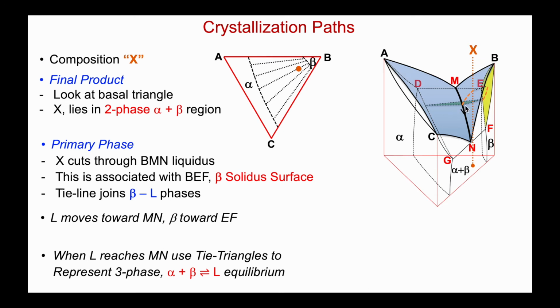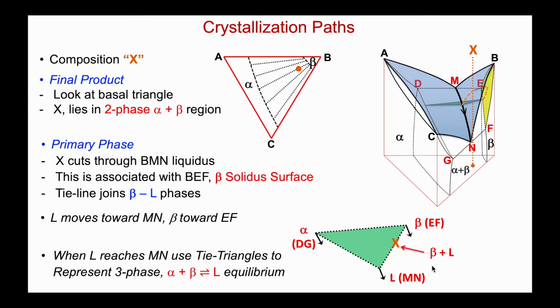Once the liquid reaches the eutectic valley, then we're going to use tie triangles to represent the three-phase equilibrium, because now, once we partake in the eutectic reaction, we don't just have liquid and beta anymore, we start to form alpha with a composition on this DG line, and the compositions of the three phases lie at the vertices of this tie triangle. Now in my lower right, I'm just pulling out that first tie triangle.